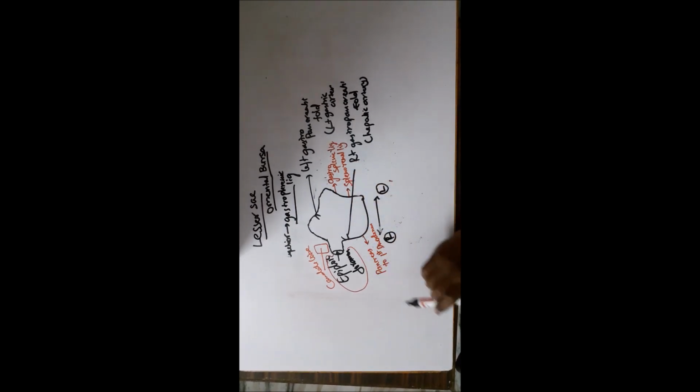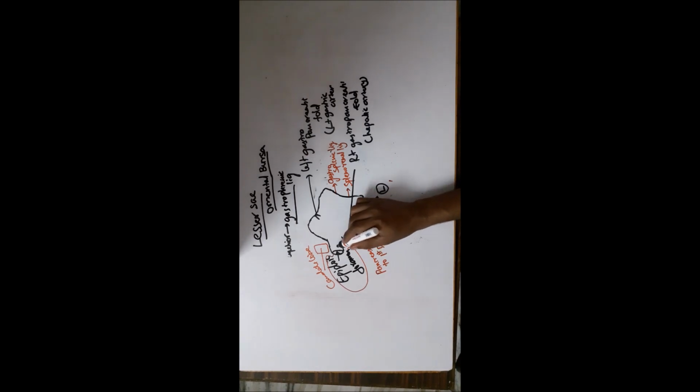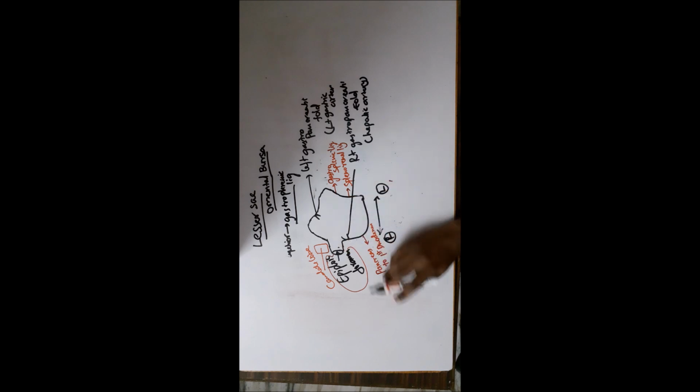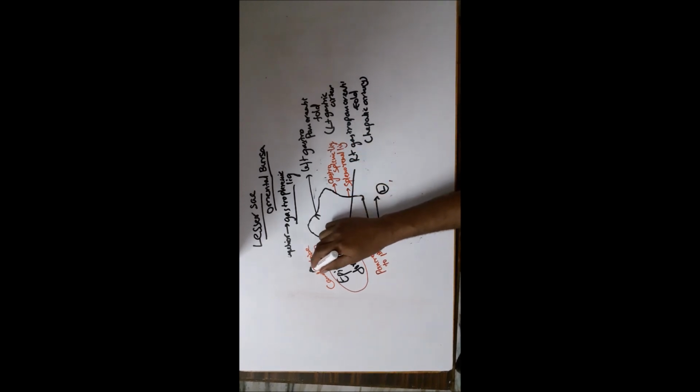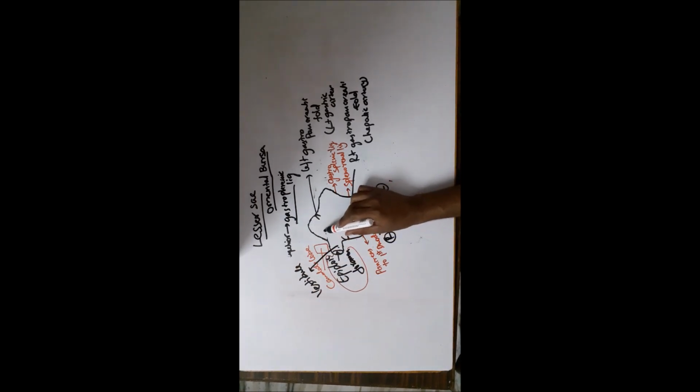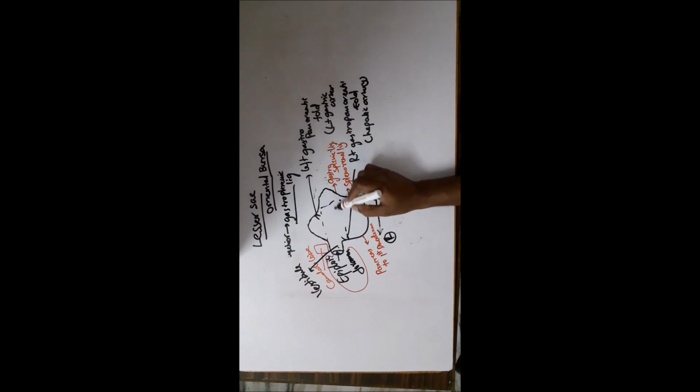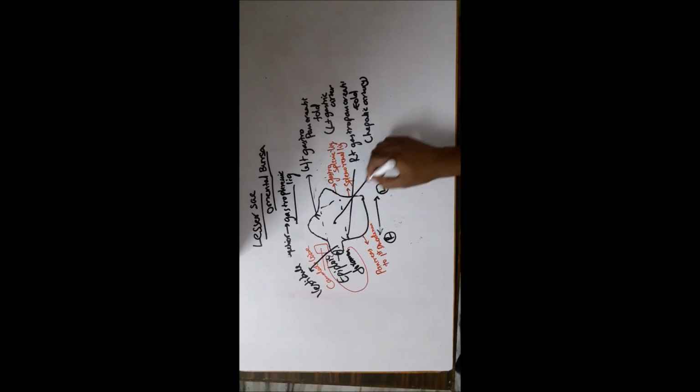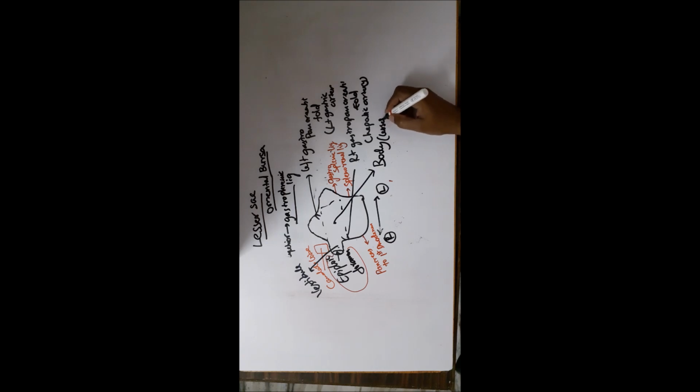So in this we can see the parts of the lesser sac. This part is the epiploic foramen. The part just immediately left to that is the vestibule. Then this part is the body. This body is lying behind the lesser omentum, and it's related behind the lesser omentum and the stomach.